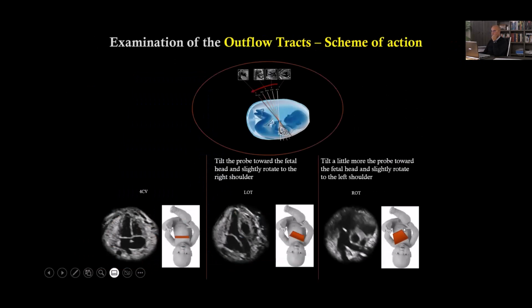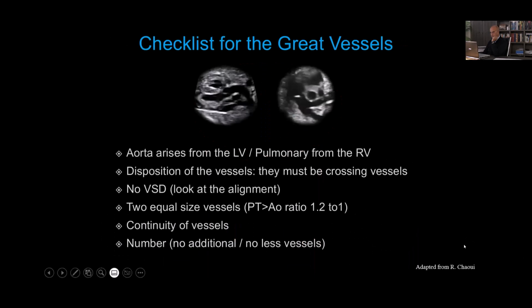So here you can see the schema of action in getting the left and the right outflow tract. Tilt the transducer, rotate to the right shoulder, you will get the left outflow tract. Tilt a little bit more and rotate to the left shoulder in order to get the right outflow tract.